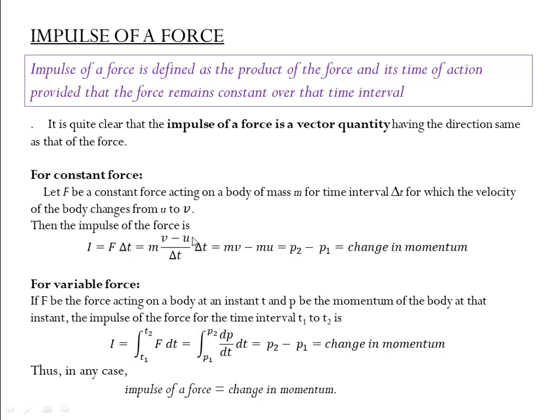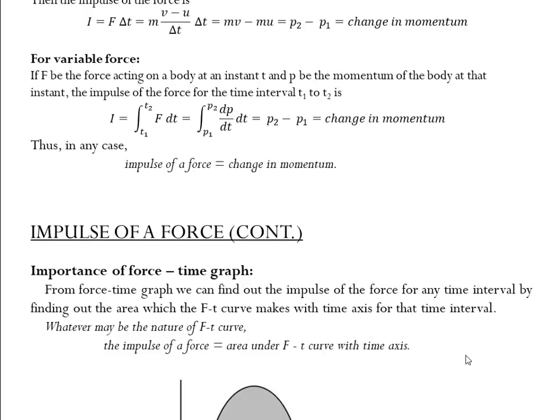And if you break up force into acceleration and then in terms of velocity, it finally comes out to be mv minus mu, which is equal to the change in momentum. Similarly, we can show that even for a variable force, impulse comes out to be equal to change in momentum. That is, we can say whether the force is constant or variable is immaterial. Impulse of the force is always equal to change in momentum.